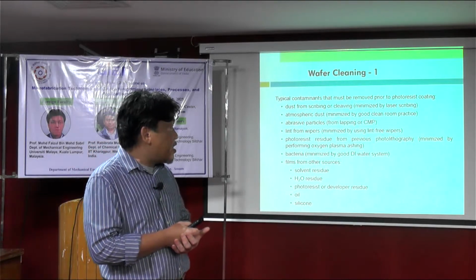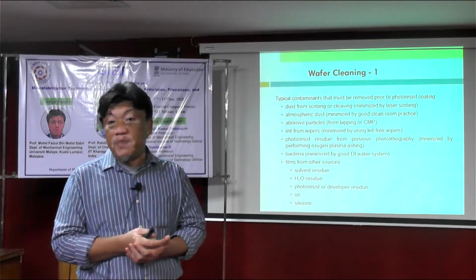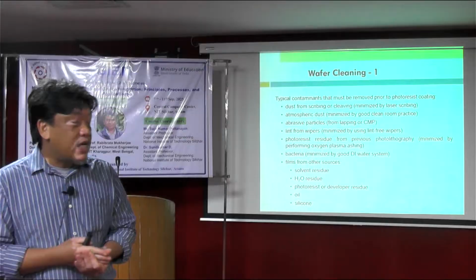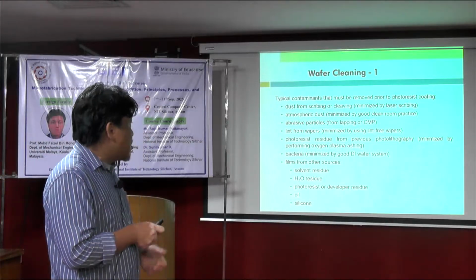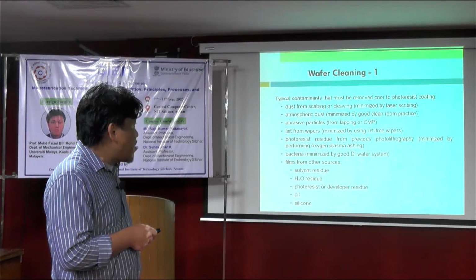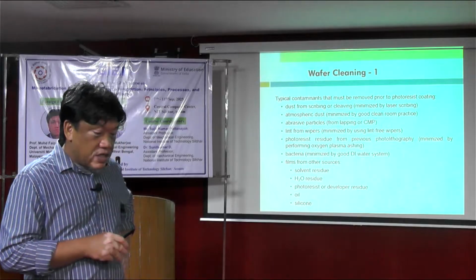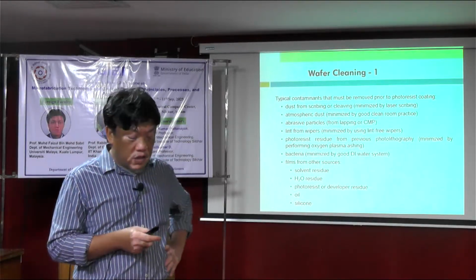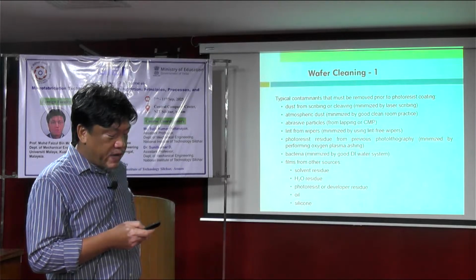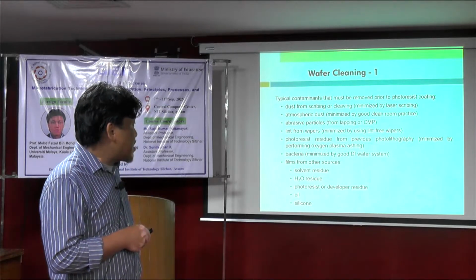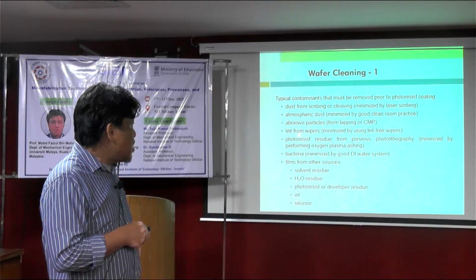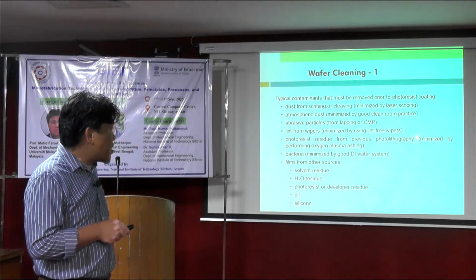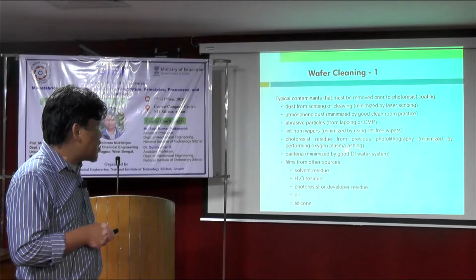Normally, we know that we do MEMS process and semiconductor process in a clean room, but still there might be some contamination as well. Abrasive particles from lapping or CMP, the process of polishing the surface of the wafer, might also remain as contamination. Lint from wipers and photoresist residue from previous photolithography, minimized by performing oxygen etching.